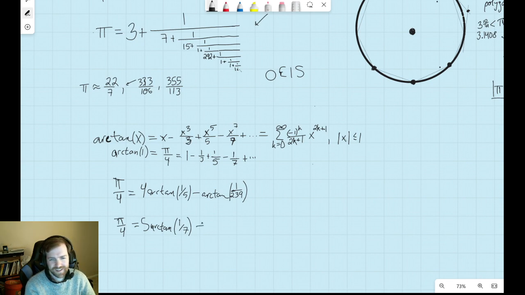Plus 2 arctangent of 3/77. I mean, this is the point where you throw your stuff across the room.